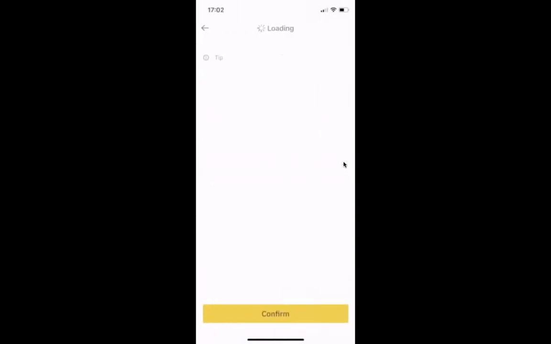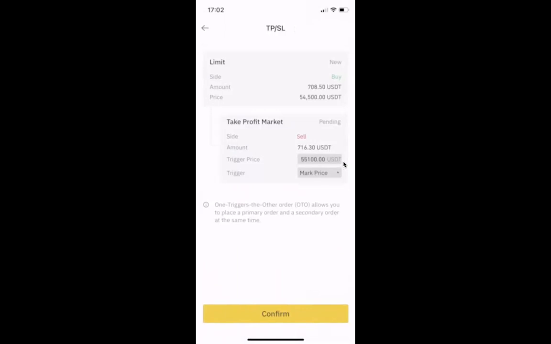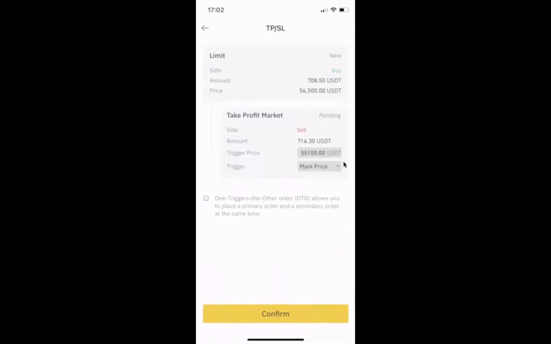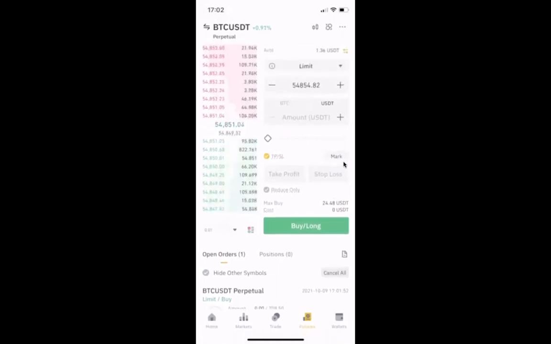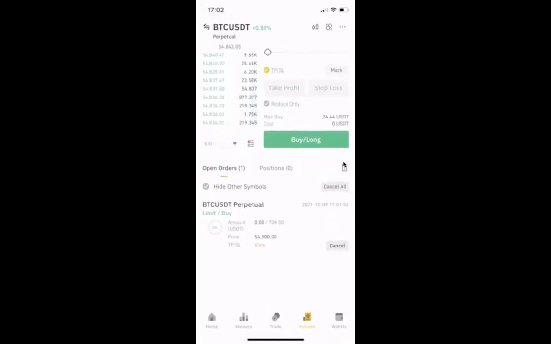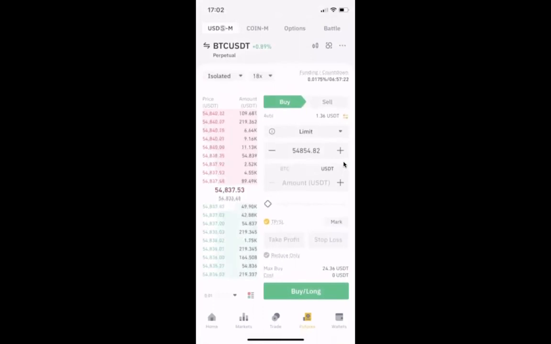So when the market hits 55,500, it will enter automatically, and it will take profit at the triggered price, which is 51,100, and I set a stop loss. The market is currently, my position is currently pending because the market hasn't hit my buy limit. My buy limit is at 54,500.